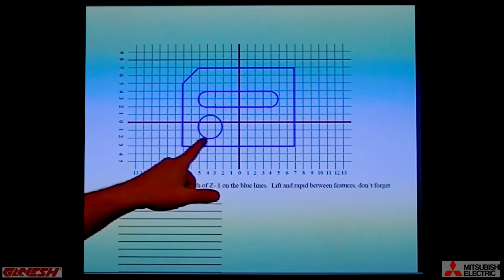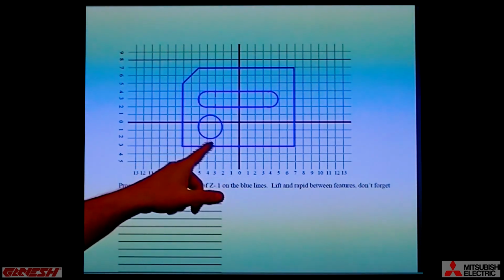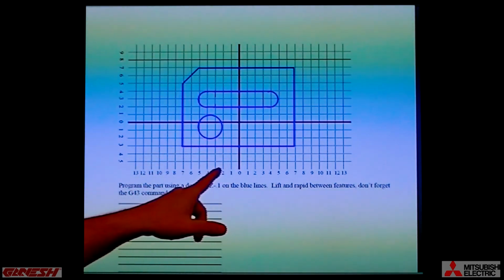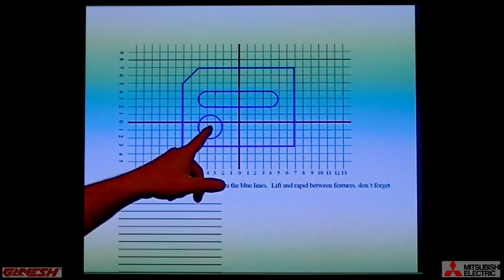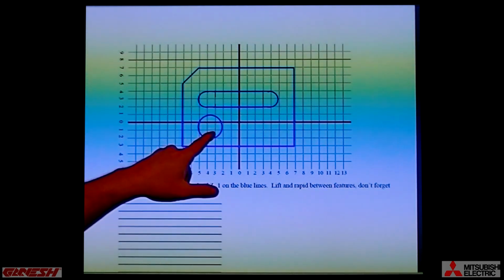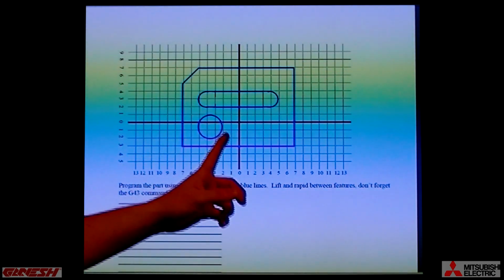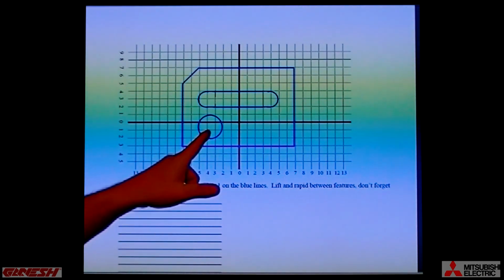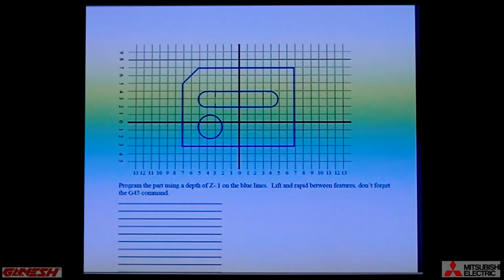Notice though that this circle, it's not real obvious where the center is, but the center, if you look at it, is at -3.5, so it's halfway between the 3 and the 4 inch mark. And then it's halfway between the 0 and 1 inch. So its X value is -3.5, and its Y value of the center is at -0.5 inch.